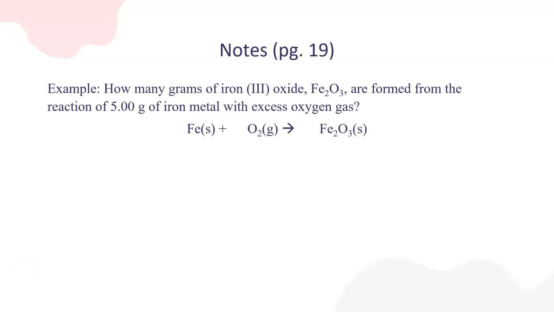Okay, so balancing this, you should have seen 2 and 3. Some of you may have written a 2 here because of iron, but then we see 2 and 3, and those don't go into each other easily, so we would use a least common multiple, and that would be 6. So 2 times 3 gives us 6 oxygen, and then 3 times 2 gives us 6 oxygen, but that makes iron 4, so I fixed this one on this side to 4.